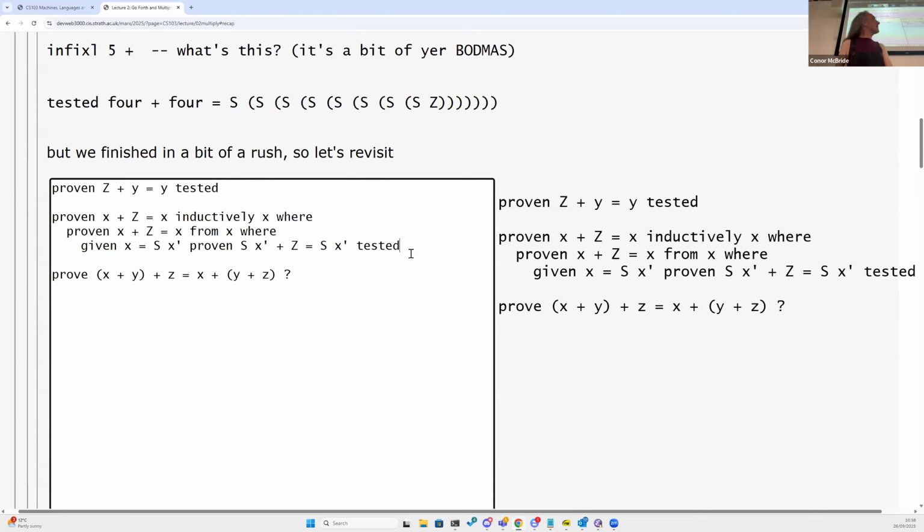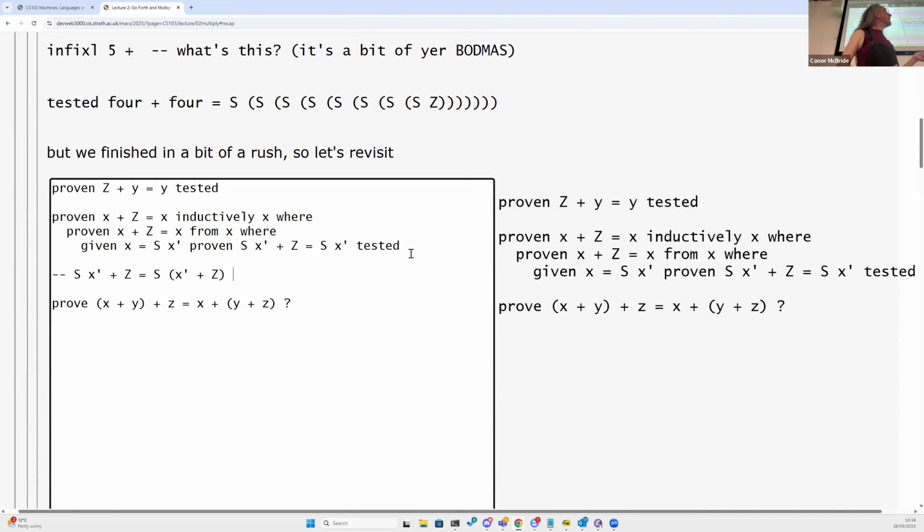What's happened here slowly is that it has done the computation. So it's turned successor of x prime plus z into successor of x prime plus z. That was what the equation said to do.